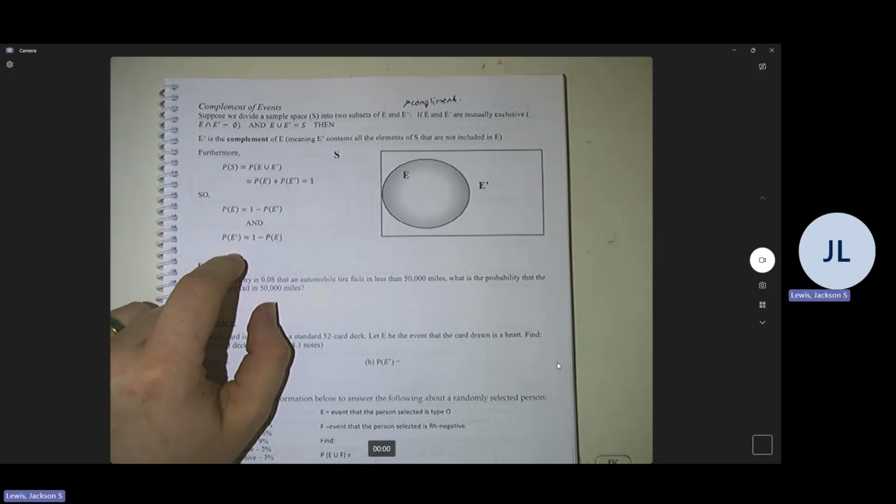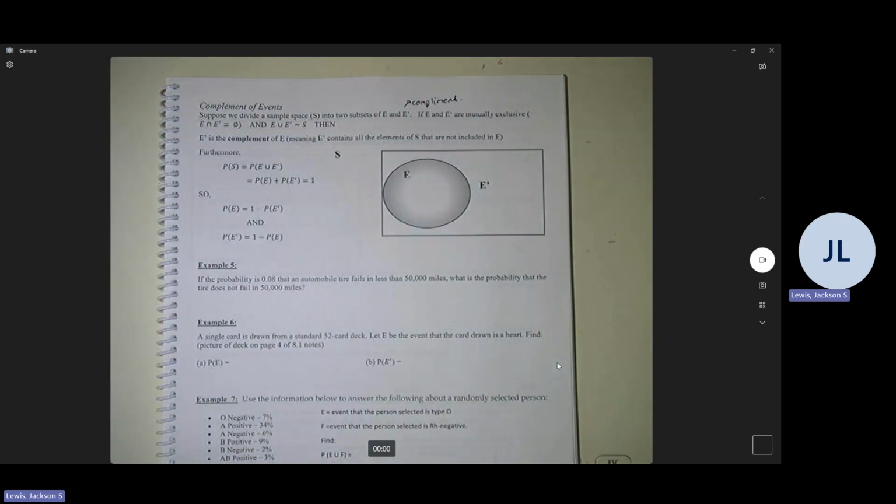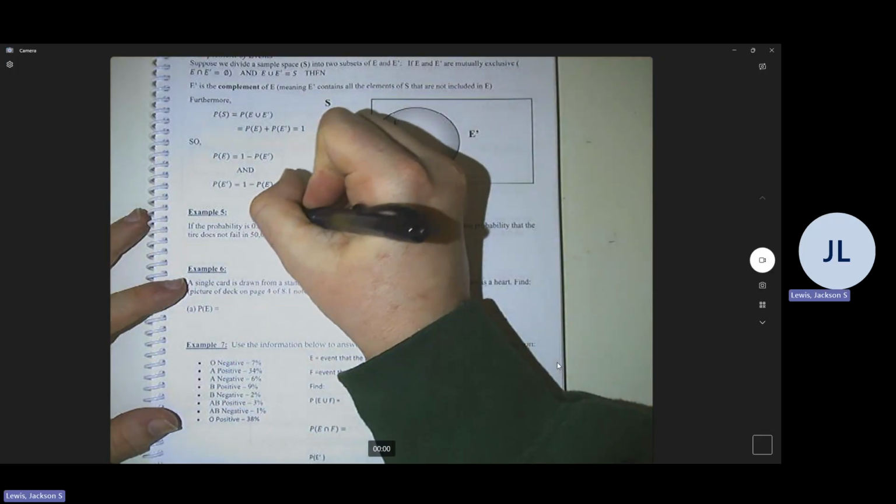So the probability of something happening is 1 minus the probability it won't happen, or conversely, the probability something won't happen is 1 minus the probability it will happen. For example, if the probability is 0.08, this is 8%, that an automobile tire fails in less than 50,000 miles, what's the probability that it doesn't fail?